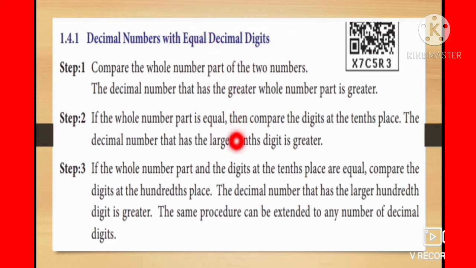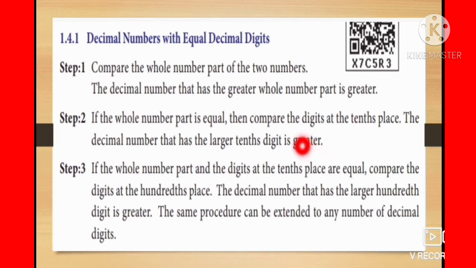So students, for example, let's take 45.55 and 45.56. These two numbers are decimal numbers, and also here see the decimal part. In the first decimal number the decimal part is 55, and in the second decimal number the decimal part is 56. And how many decimal digits are there in both the numbers? 2.